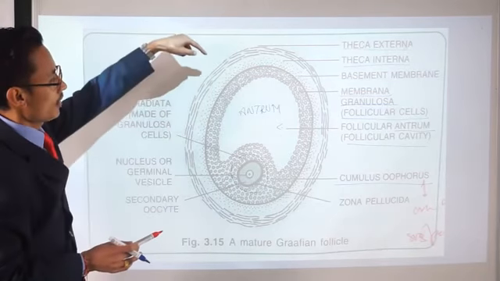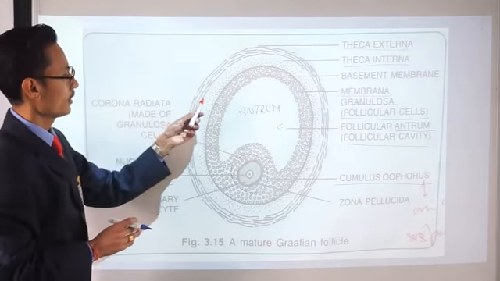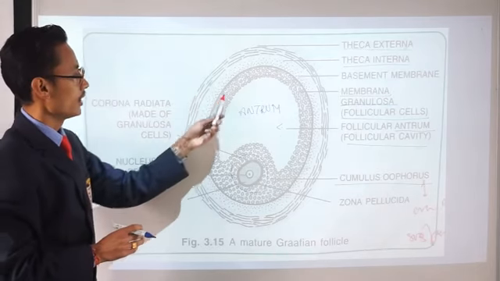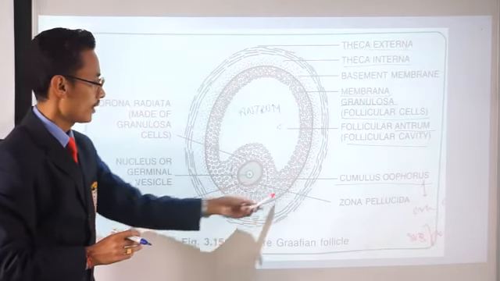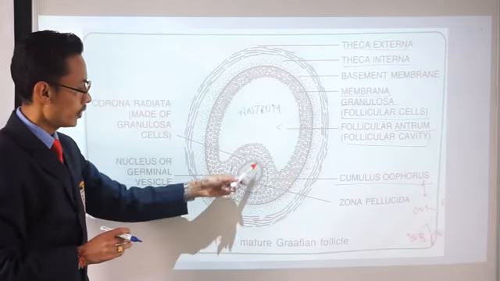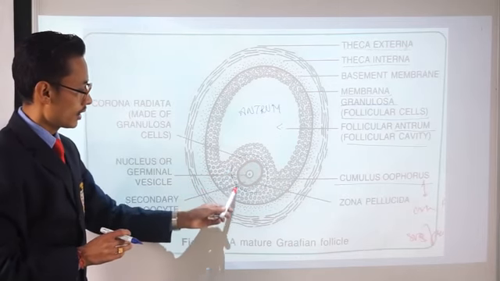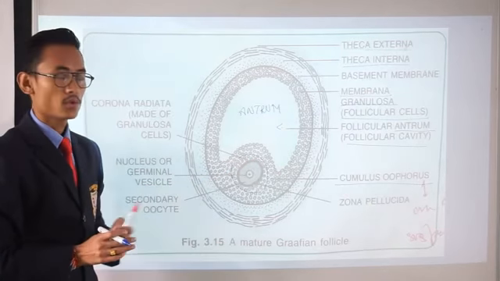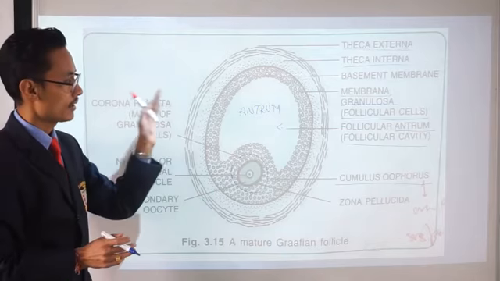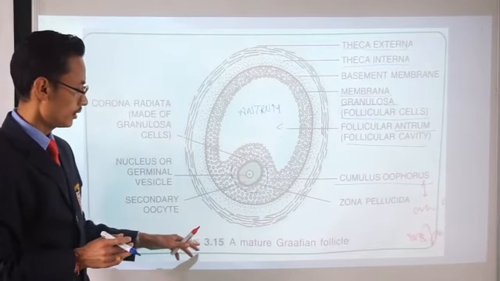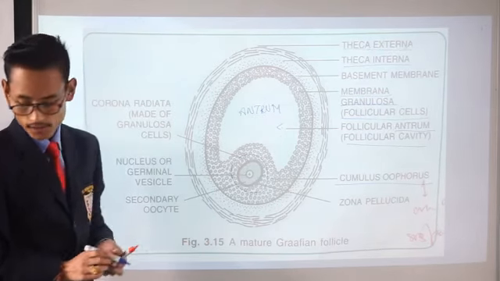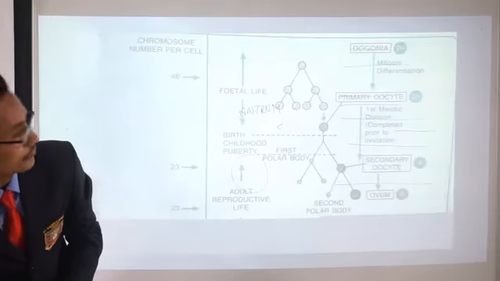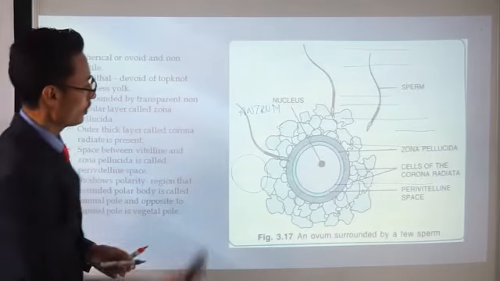The outer layer is called theca externa, the inner layer theca interna, then the follicular cells or membrana granulosa cells. This one is the ovum, which is surrounded by a layer called the cumulus oophorus cells. So practice diagram number 3.15. Clear?